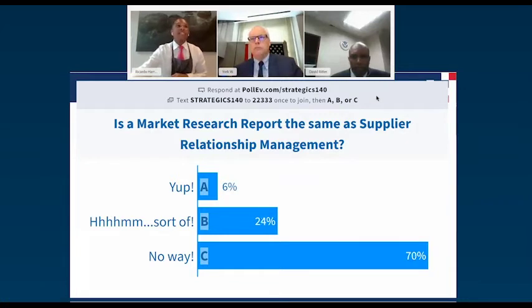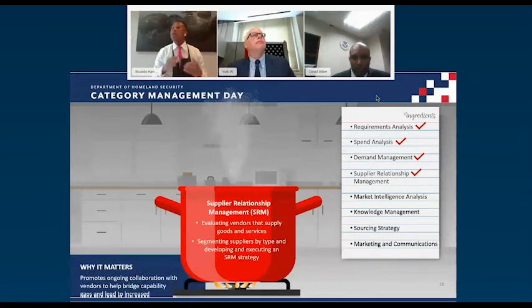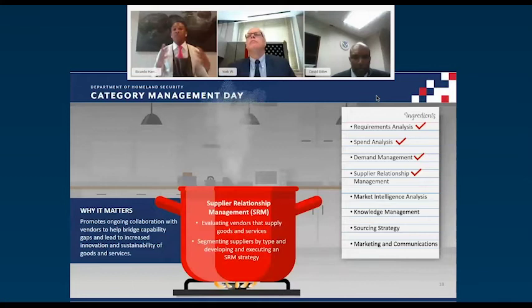So let's talk about SRM. SRM is a systematic approach to evaluating the vendors that supply goods and services to the agencies. And when we say systematic, we want to make sure that we're really looking at our vendors critically. So segmenting our suppliers into classifications, whether these are critical suppliers, like if our IT infrastructure goes down, we can't do anything else.